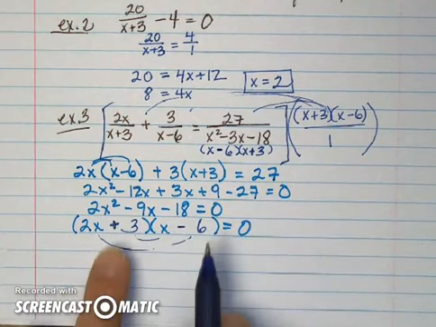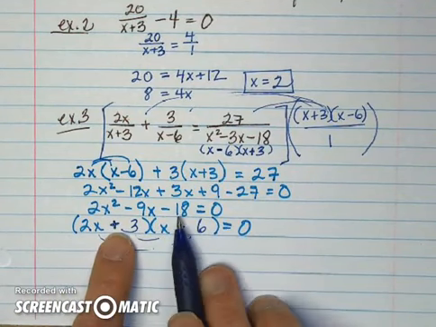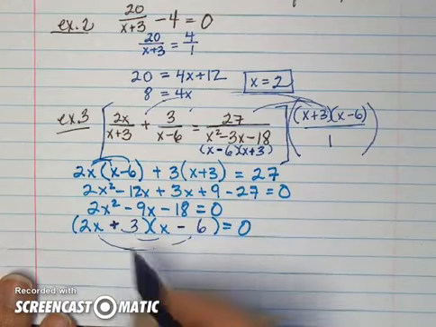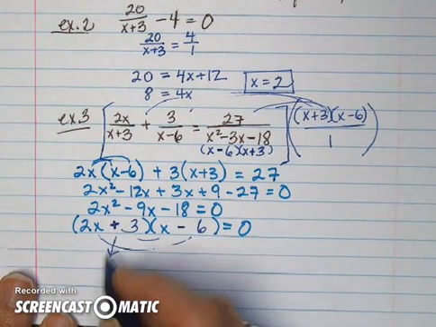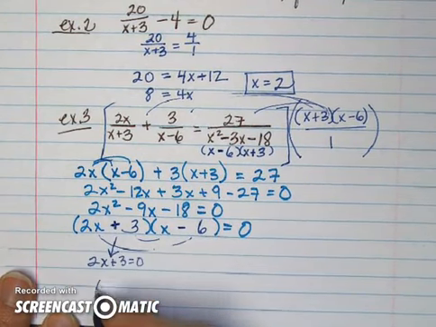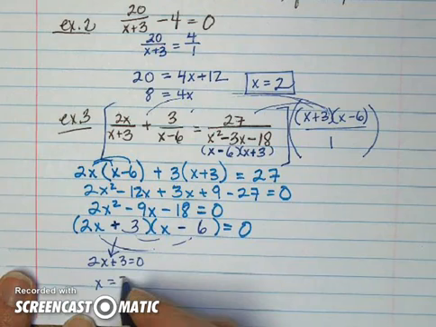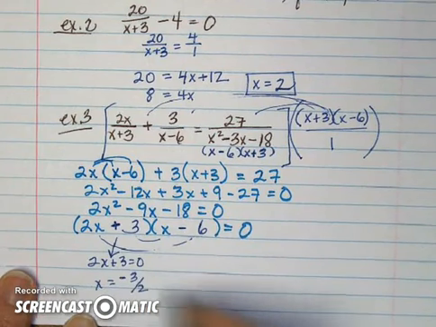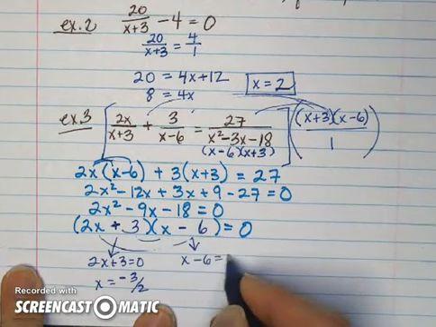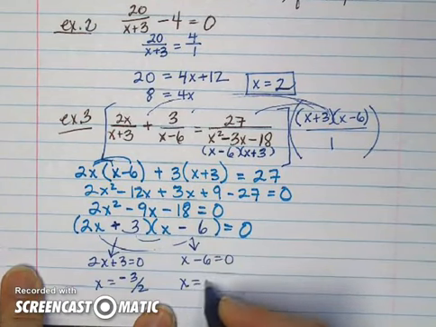And then a positive 3 and a negative 6 gives me a negative 18. All right, let's look at each of those. That one will give me, if I do 2x plus 3 equals 0, x equals negative 3/2. This factor, x minus 6 is 0, x equals 6.